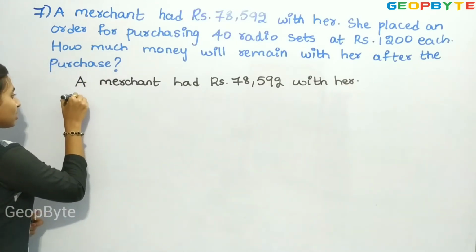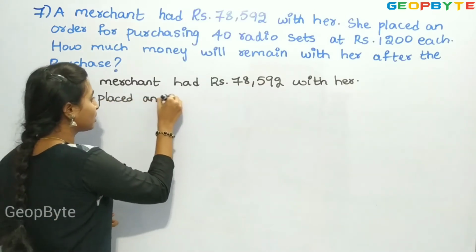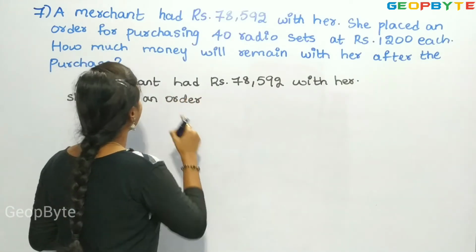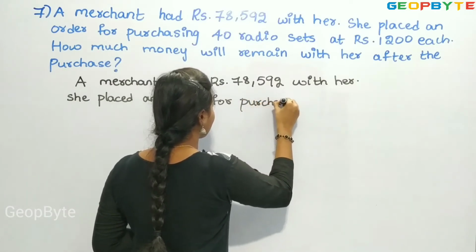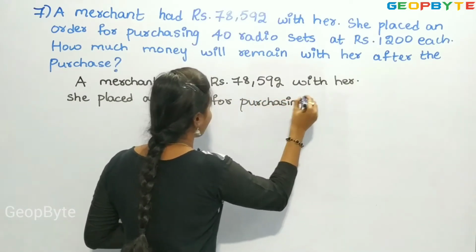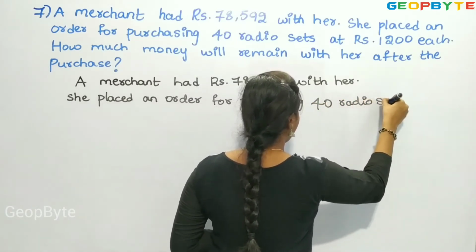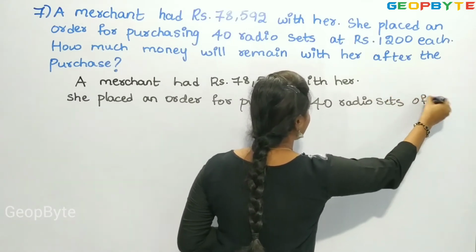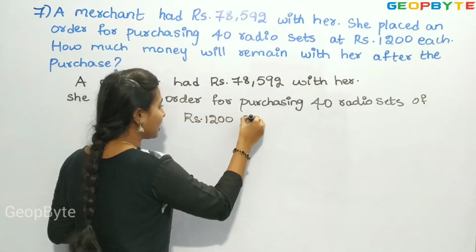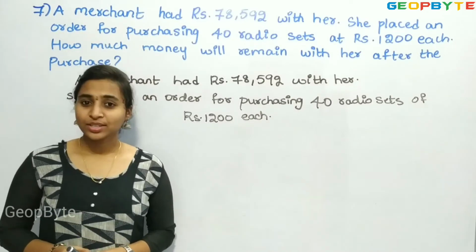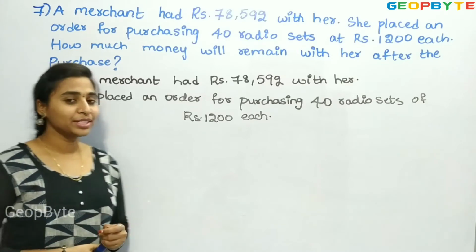So, she placed an order for purchasing 40 radio sets of rupees 1200 each. So, now how much money will remain with her after the purchase?